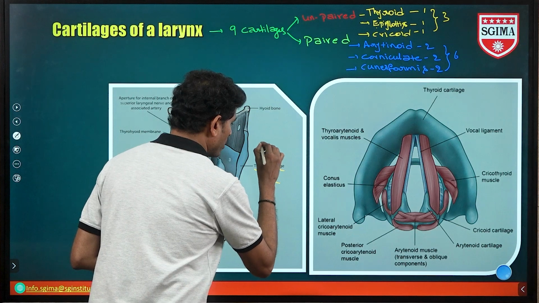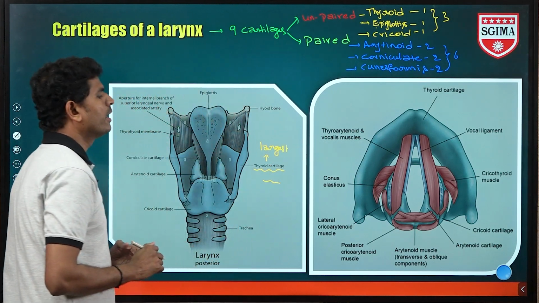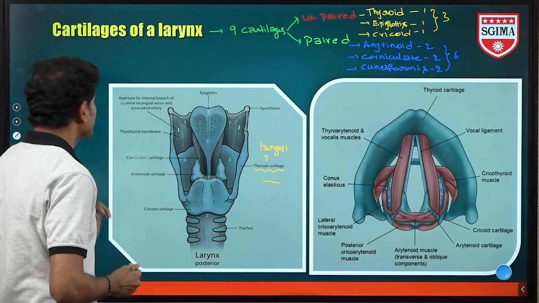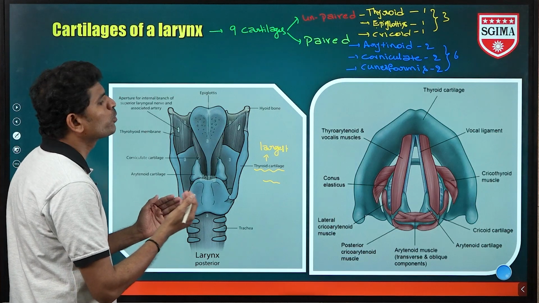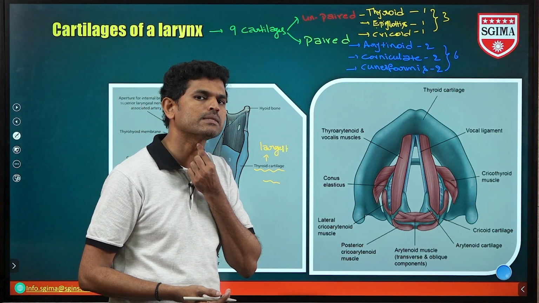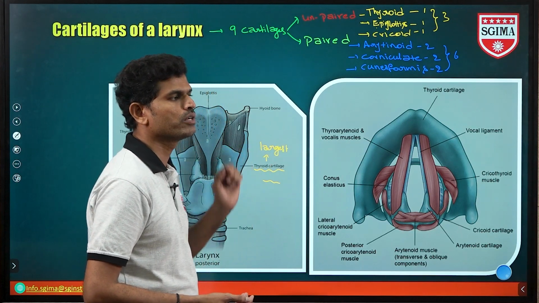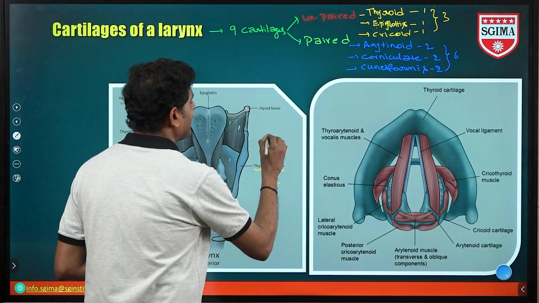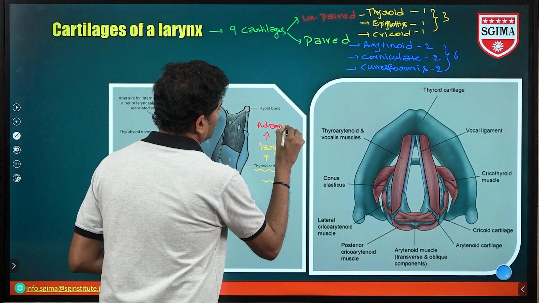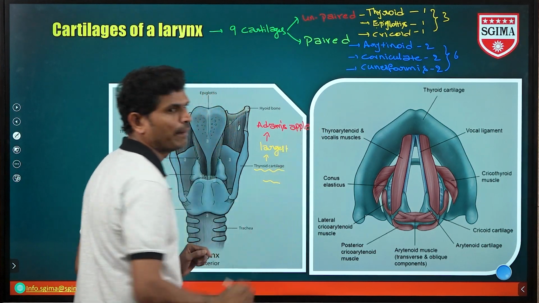During puberty, this largest cartilage, thyroid, will be protruded in males, and a small bulged portion will be present, that is called Adam's apple. Adam's apple बोलते, it is.